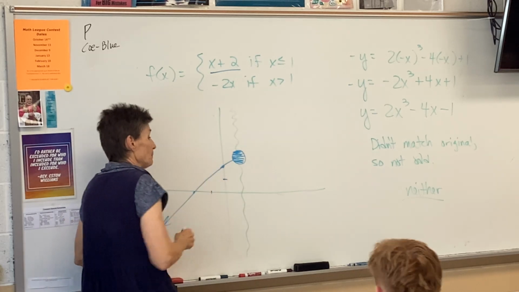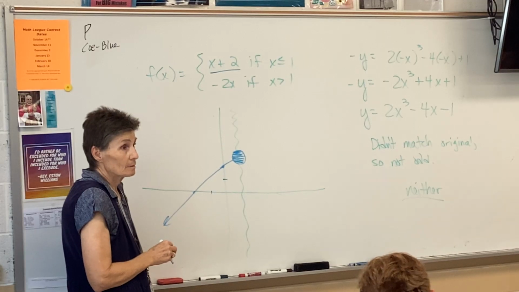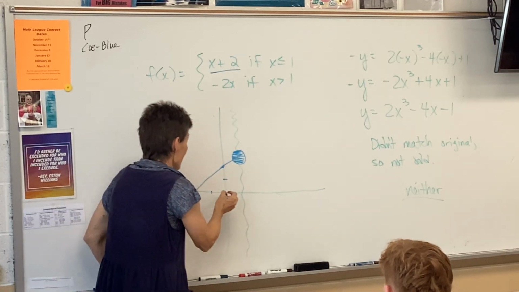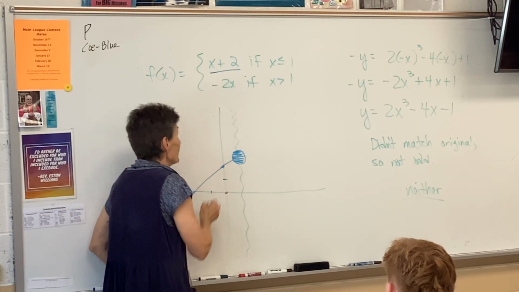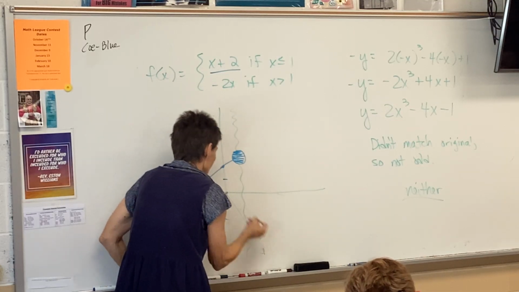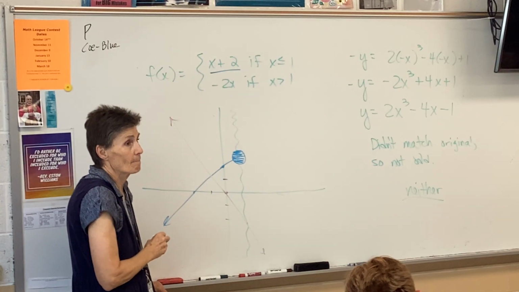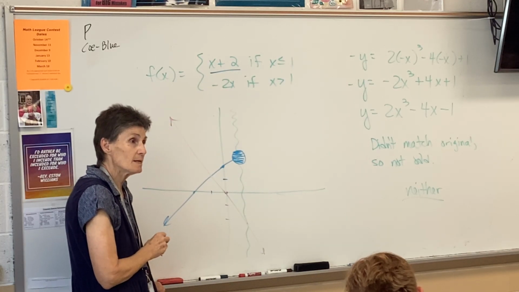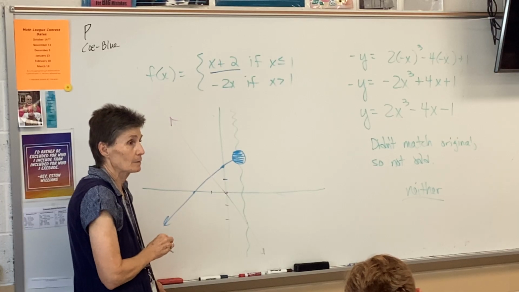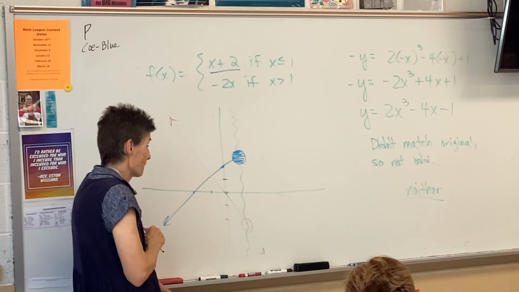What's that? It's a line. The y-intercept is the origin, and it has a slope of -2. So it looks like that. Sorry, open circle. It crosses right here and it's open.